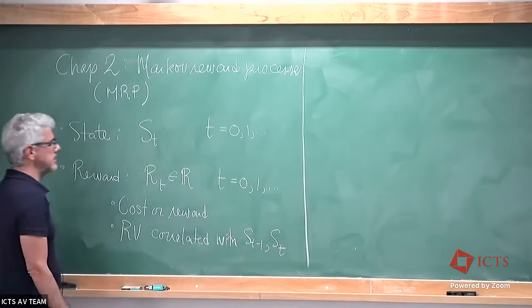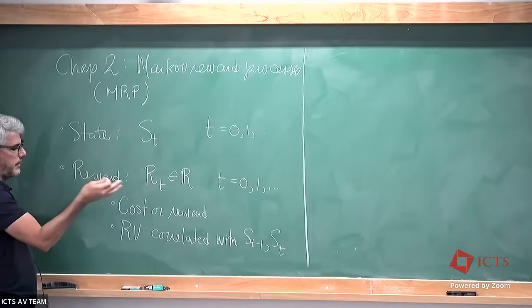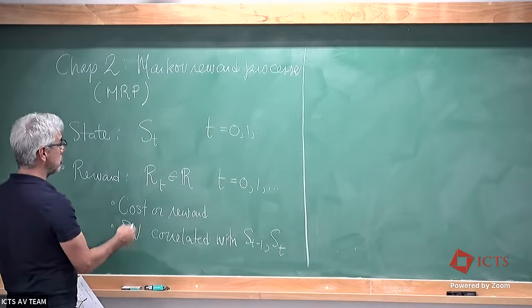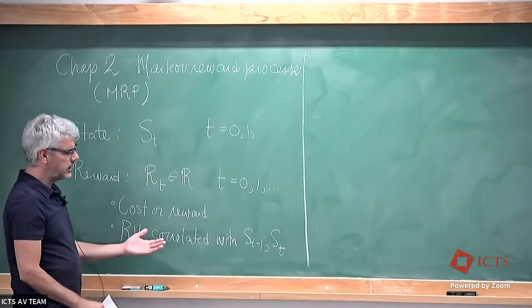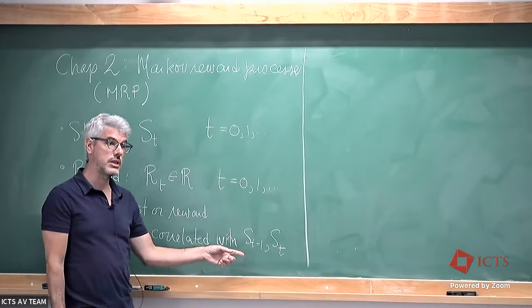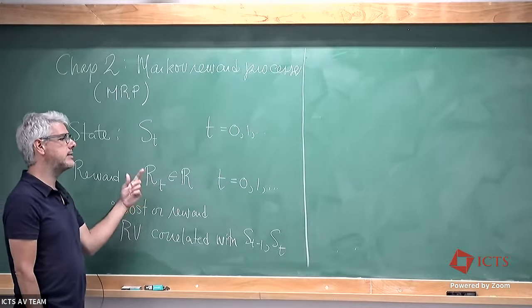So it really depends either on the state before, the state after, or both. It really depends on the transition. Sometimes it's a function of the two. We'll see that in many cases the reward will be a deterministic function of the two states, or even one of the states. But to make this more general, we'll take this to be a random variable.